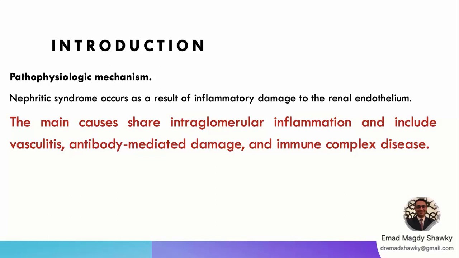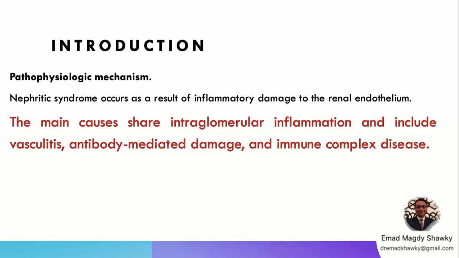As an introduction, we should know that the nephritic syndrome can occur as a result of a defect or inflammatory changes at the level of the renal endothelium, leading to disruption of this endothelium and passage of the content of the glomerular capillary, which is RBCs and the inflammatory white blood cells, to the urinary space and to the urine.